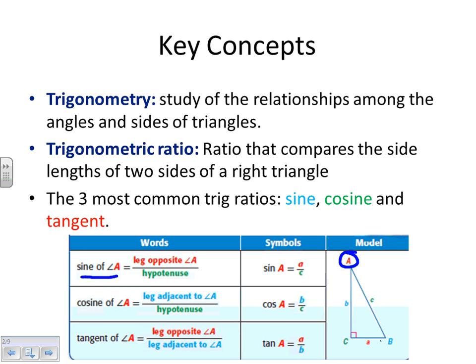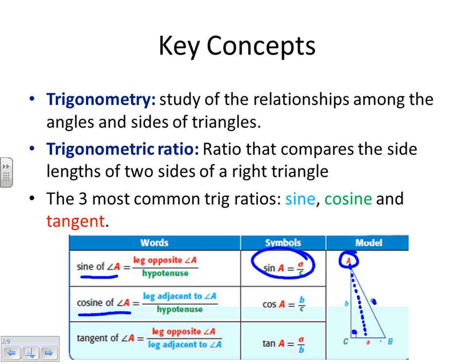So the leg opposite from angle A and the hypotenuse. And remember we talked about the hypotenuse being directly across from the right angle. So this right here is going to be A over C. The sine of A is A over C.